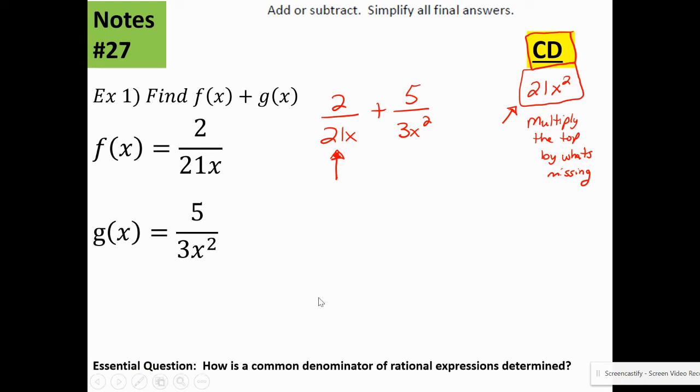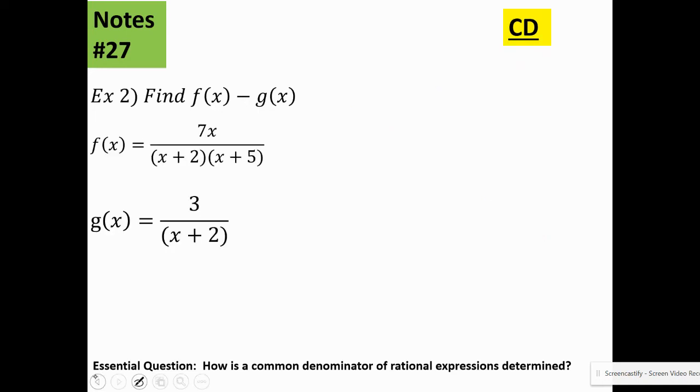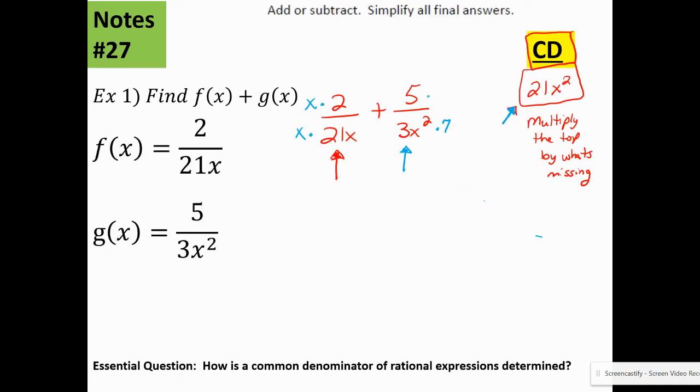An x is missing because x times x is x squared. So we're going to multiply by what's missing. Now we're going to look at 3x squared and compare it to 21x squared. What's missing? 7. So I'm going to multiply by what's missing.